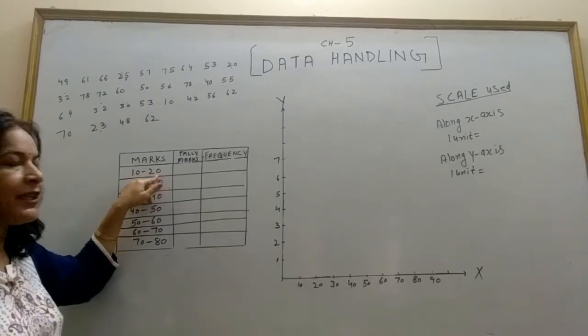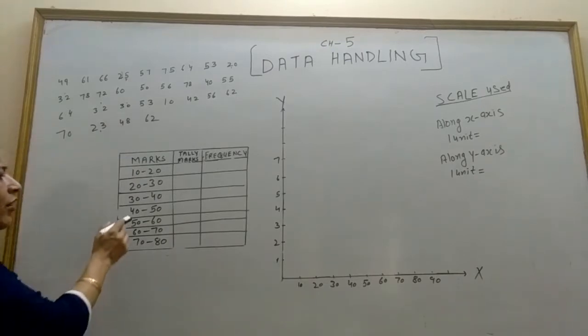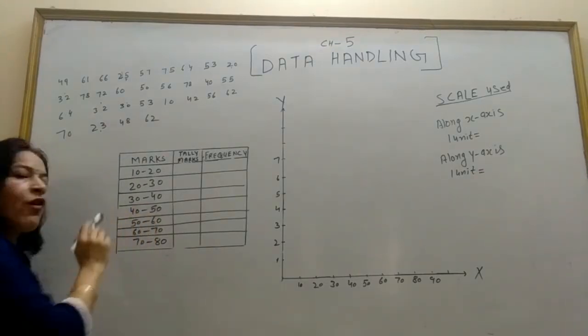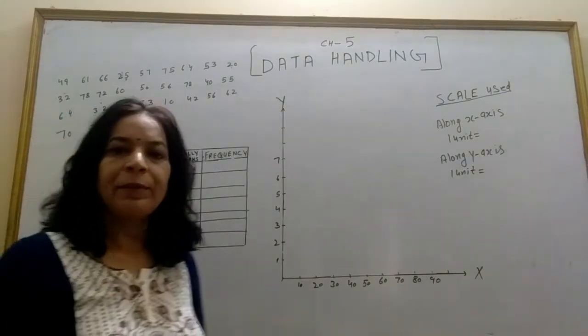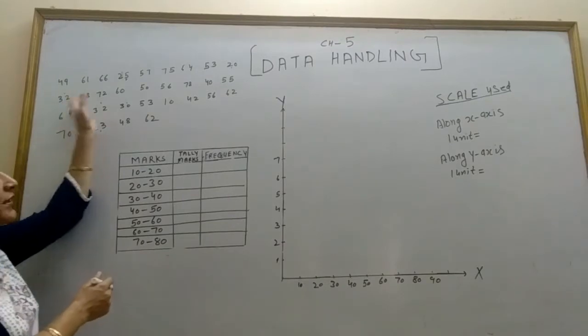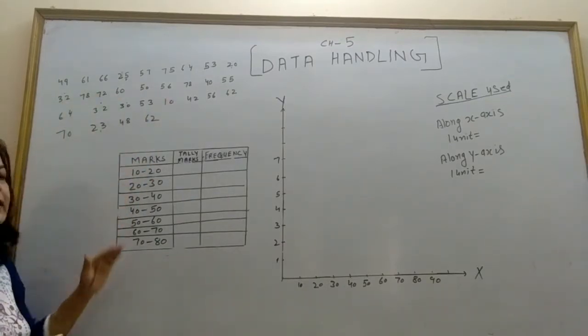And what about class width? 20 minus 10, so 10 is the class width. In a similar way, 40 is the lower limit, 50 is the upper limit, and 50 minus 40 is the class width. Clear? So I have divided this data into classes called class intervals.